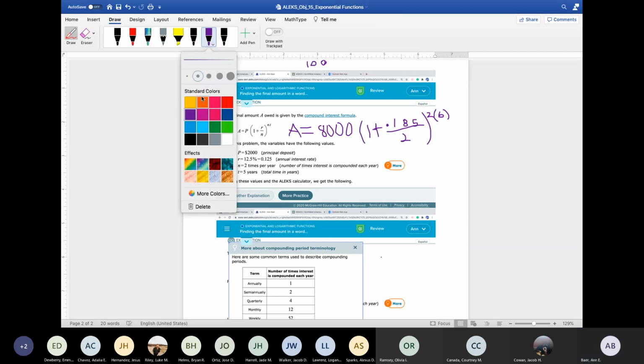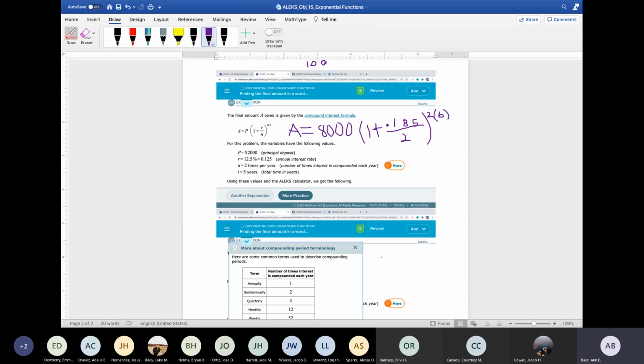I think I'm okay here with this. So we've got 23. Trying to make a dollar sign with my trackpad.